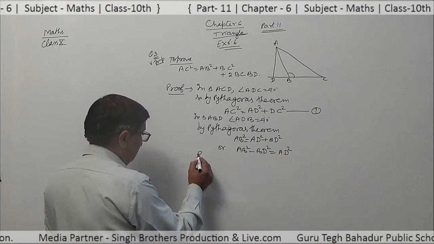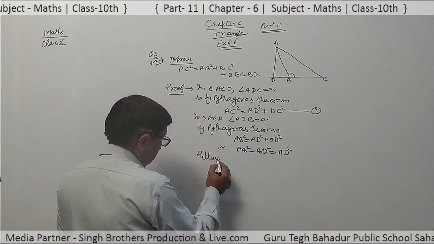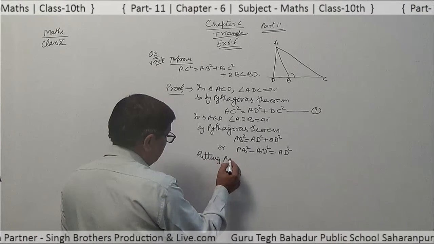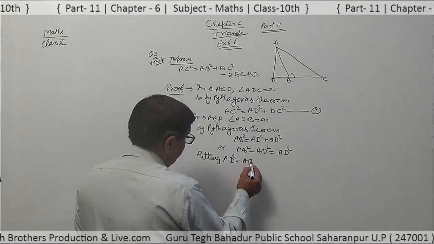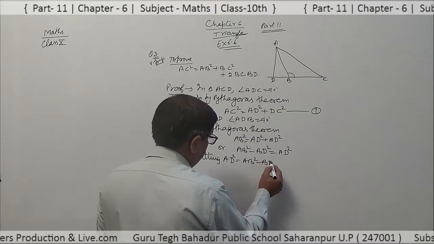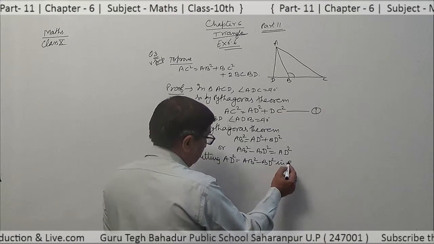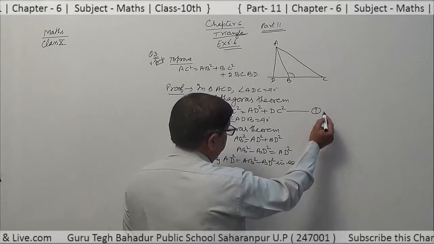Putting AD square, this one, equal to AB square minus BD square in equation 1. This is equation 1.